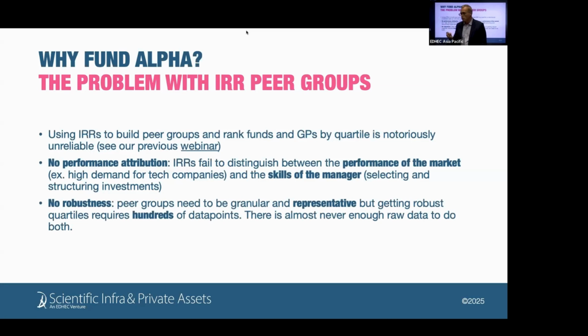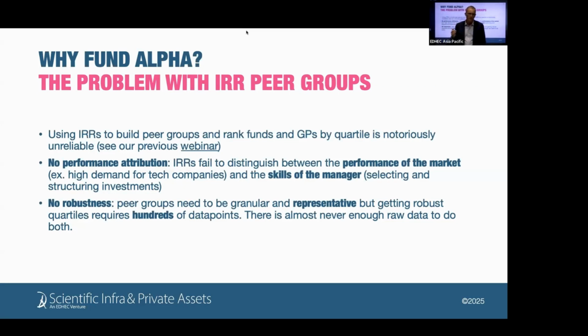And then you have more of an empirical problem, which is that there is no robustness in this data. And again, this is well known, and we've demonstrated this in previous publications and webinars. If you use available IRR data to build peer groups and try to have quartiles, you fundamentally cannot know what the right quartiles are, what the level of the quartiles are. There's not enough information.